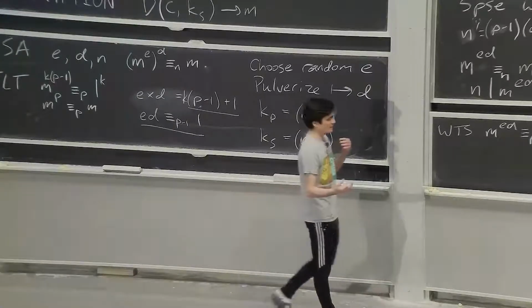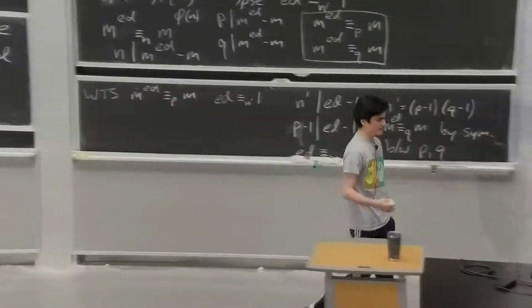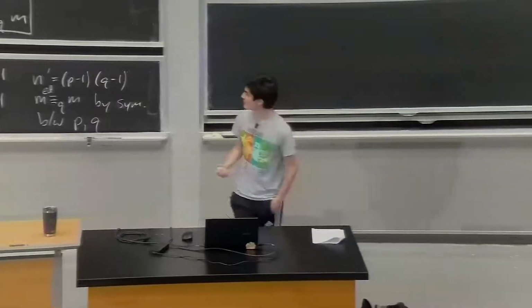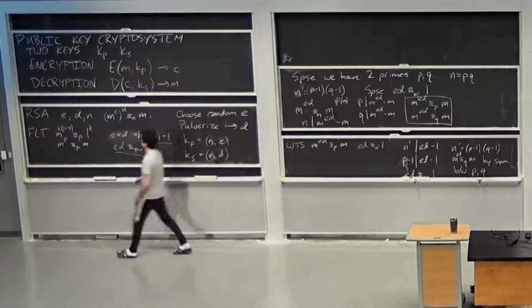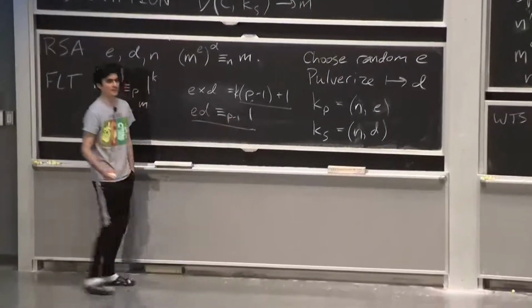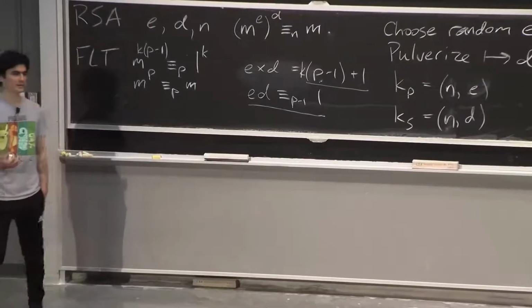So basically, we can use the same proof as we did Tuesday to show that, if we want to get rid of this assumption that p is prime over here, we can replace this p minus 1 with phi of n, and then we get congruence mod n.